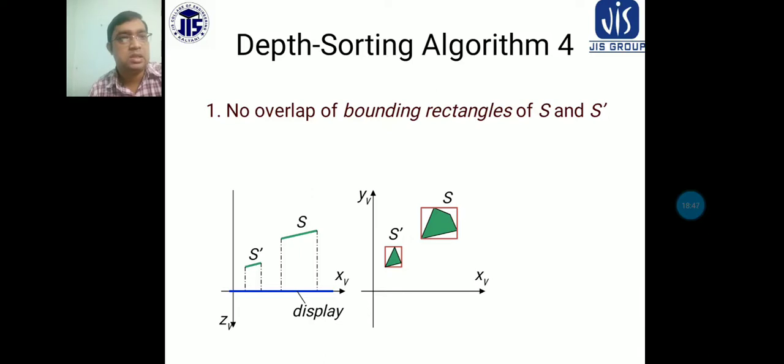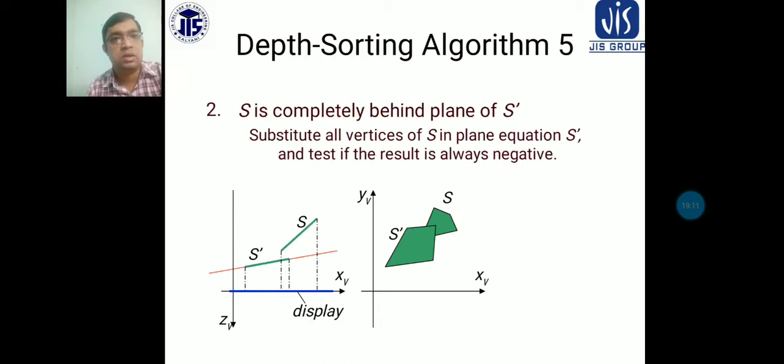This is the first figure, and the second one is considered according to the XB on the horizontal, and the vertical axis is the YV. You can see the X dash comes here in a triangular formation, and S is considered according to conical shapes, according to the depth sorting algorithm.